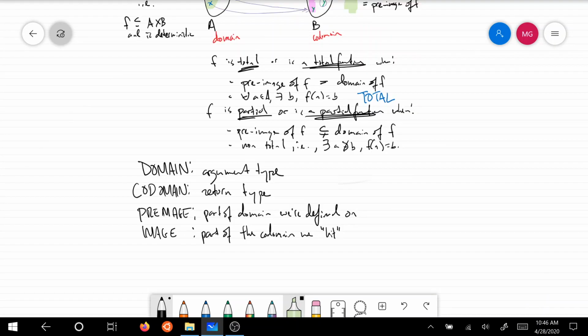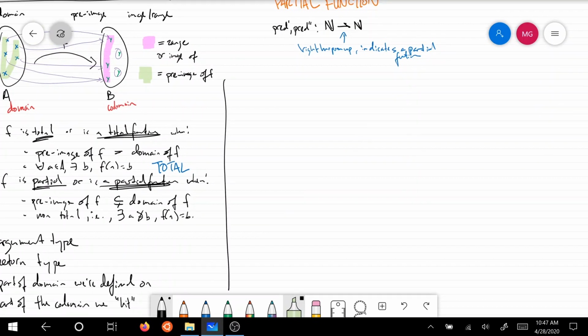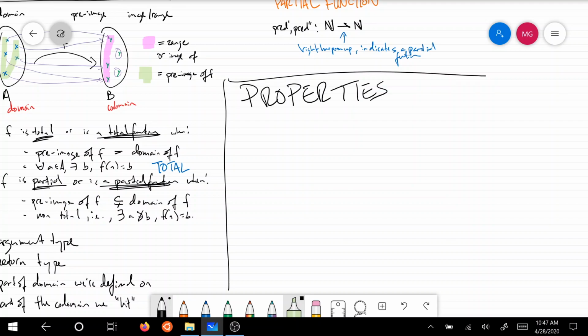There's a couple other properties I'd like to show you about. Right? There's 3 in particular. The first is called injectivity, or one-to-one.